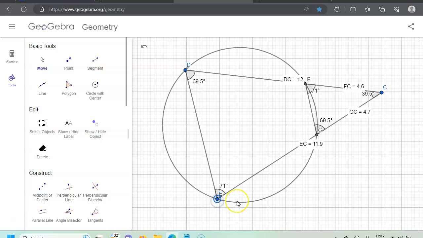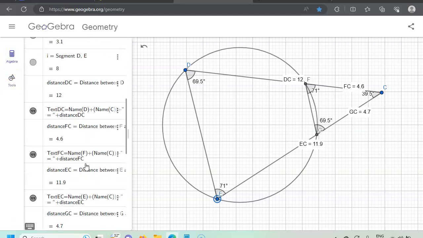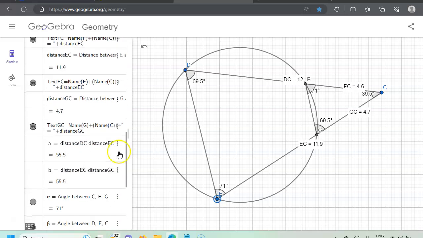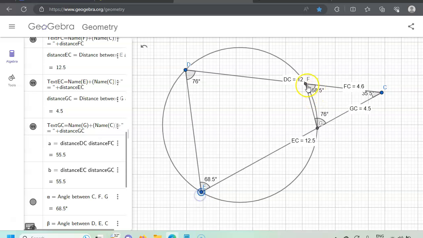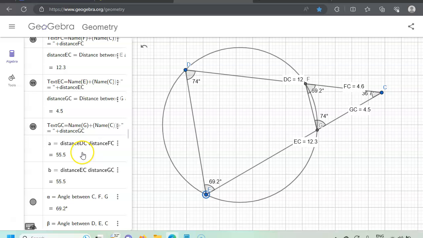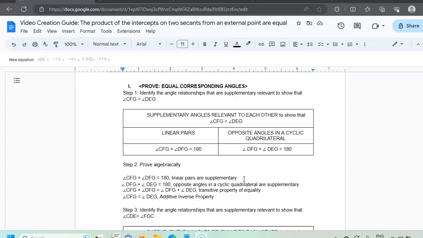Now how about the product of the intercepts? Observe that no matter how we move the points of the secants, the product of the intercepts remains the same. It's still 55.5.